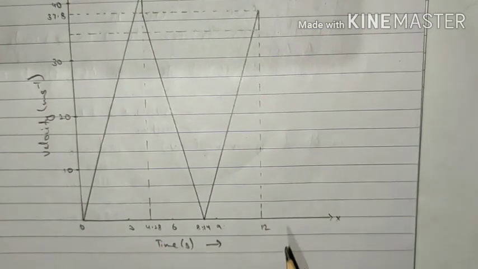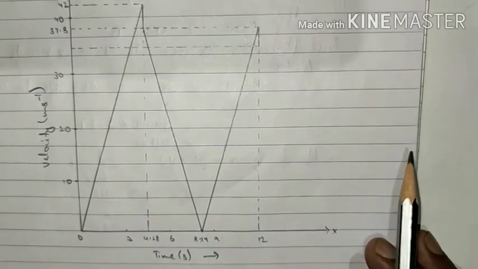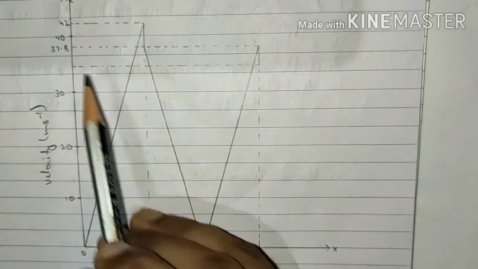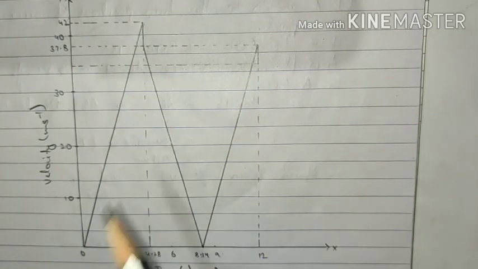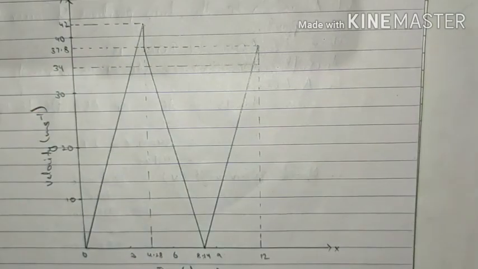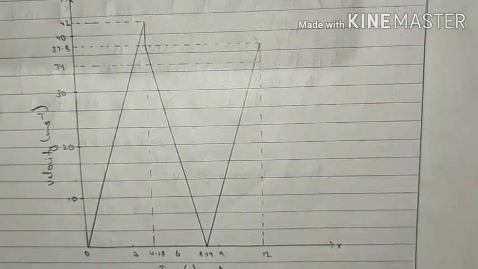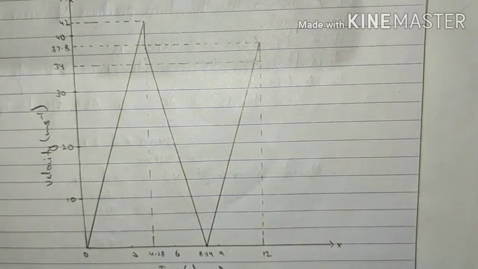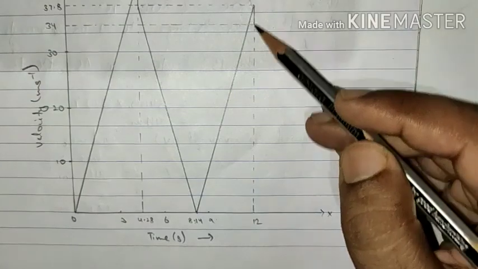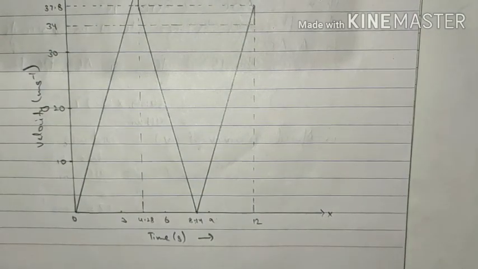So plotting two values at 12 seconds, the first value is 37.8 meters per second, and the second value will be 34 meters per second. So this will be the graph for the described motion.